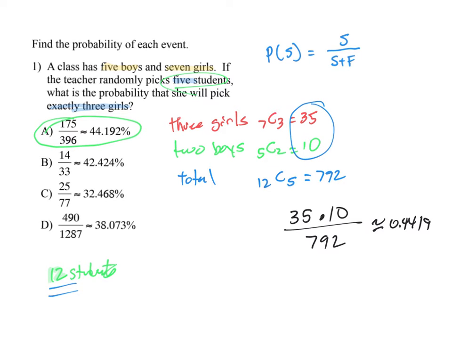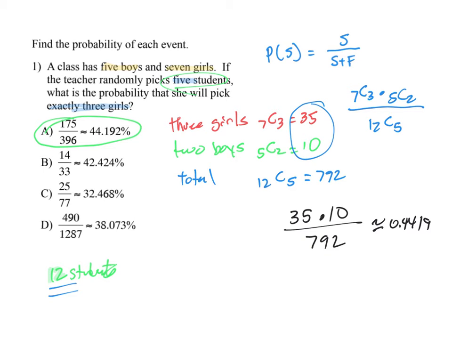And the key here was to count these things separately. How many ways can we choose 3 girls? That's a 7C3. How many ways can we choose 2 boys? That is a 5C2. And our total outcomes is 12C5 because we have 12 people and we're only picking 5.